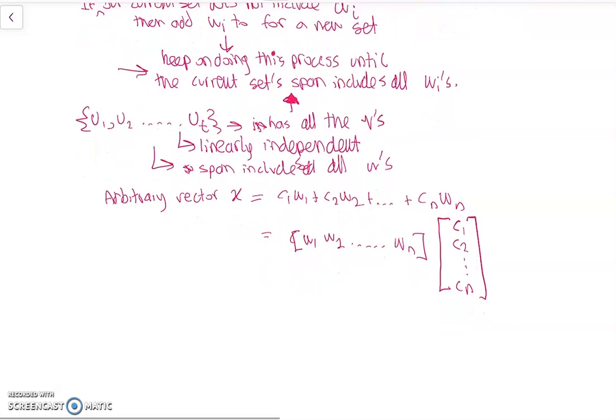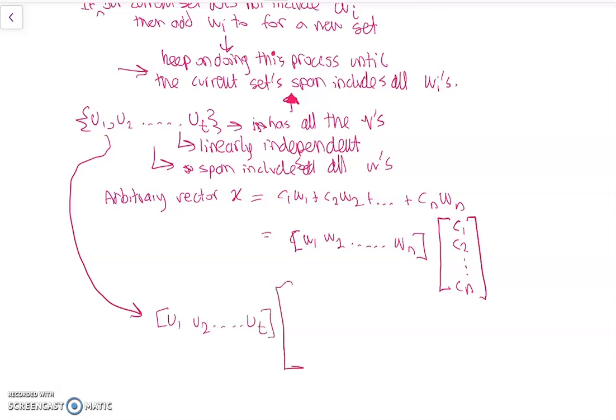But now, since the span of the U's includes all the W's, it means we can write a matrix A. We can write the U's in a row matrix, and then make a matrix A, with entries A11, A21 up to AT1, and going up to A1n and ATN.